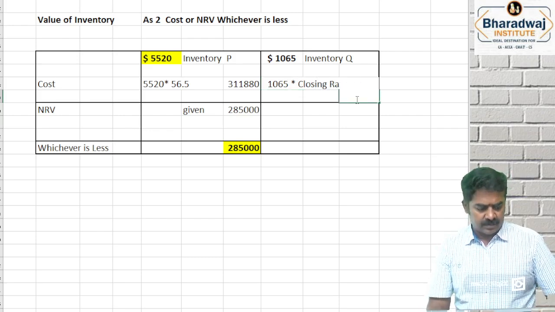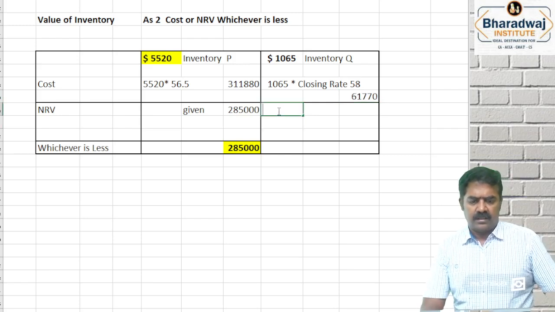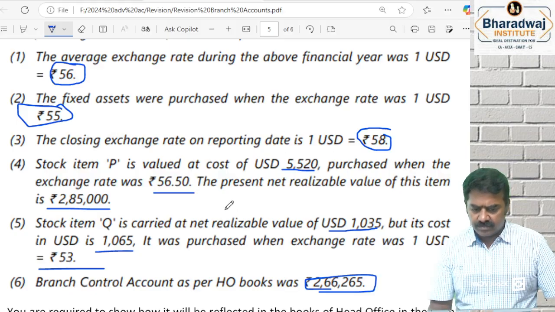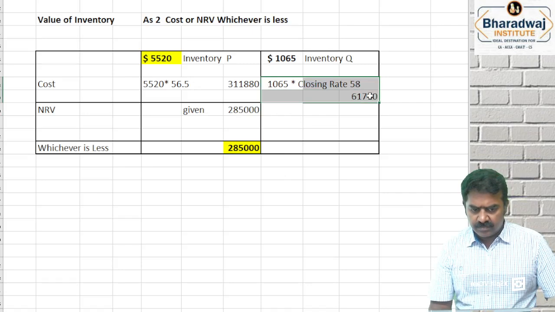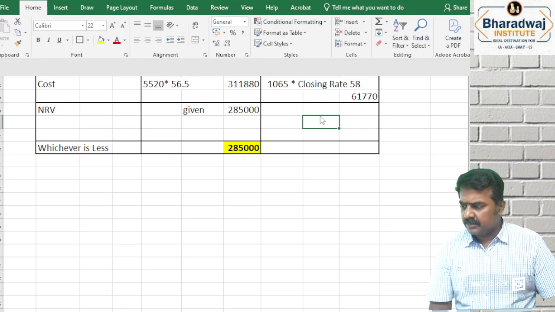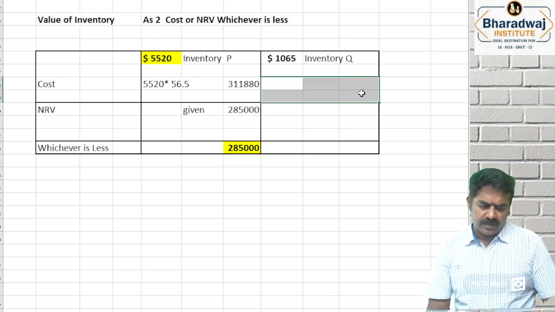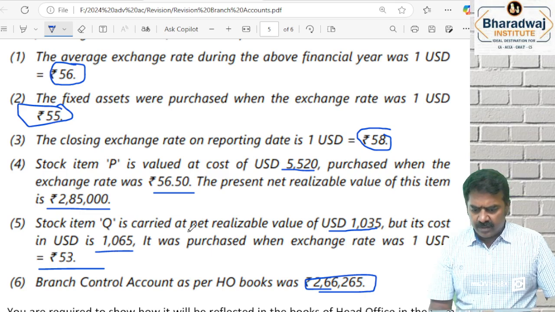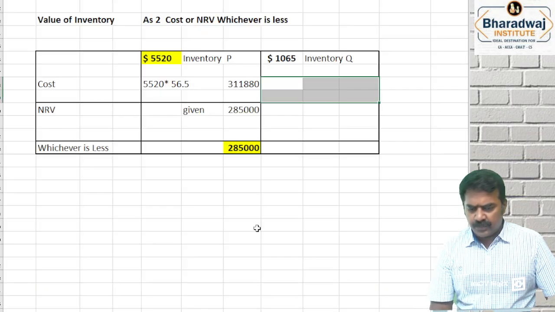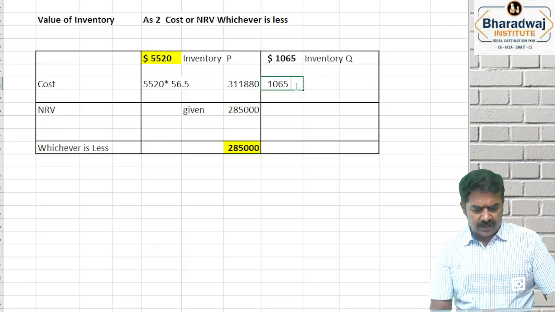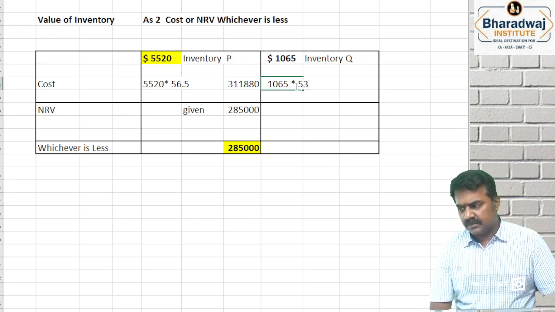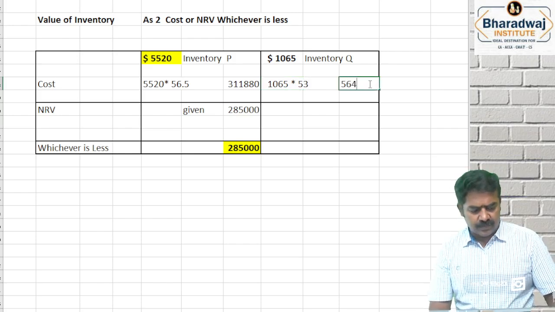Sorry, the cost was 1065 into 53, which is 56,445.